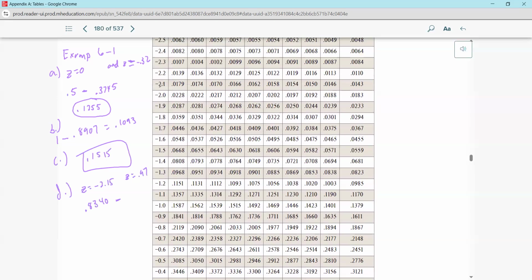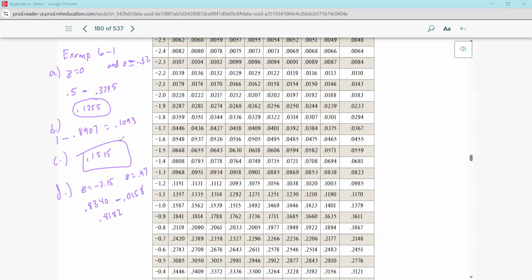So there's negative 2.1, 0, 1, 2, 3, 4, 5. So that's going to be 0.0158. And when I take these two numbers and subtract them, I get 0.8182. So that tells me that 81.82% of my data will fall between negative 2.15 standard deviations and 0.97 standard deviations.